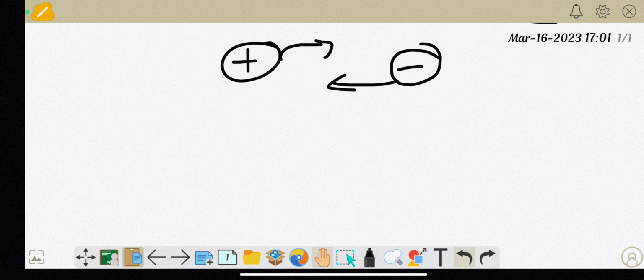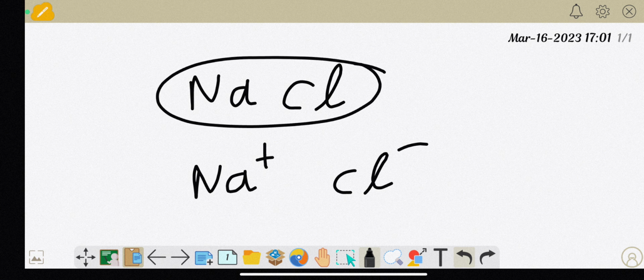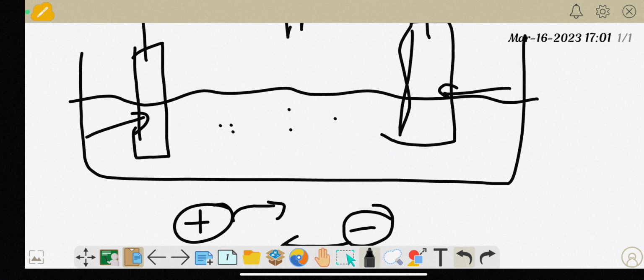So if I take an electrolyte example, NaCl. NaCl gives Na+ and Cl-, these two are the ions, correct. These two ions come together and form this. So when you dissolve it in water and form an electrolyte, there are Na+ ions and Cl- ions, and these ions are free to move.